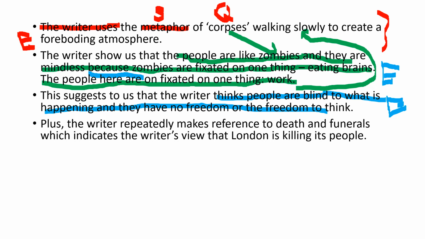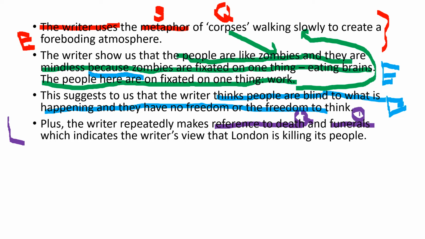Plus, the writer repeatedly makes reference to death and funerals, which indicates the writer's view that London is killing its people. Now, remember what we said about linking? Here, we've got our links. So they've got talking about reference to death and funerals. Now, if I wanted to be a little bit clever, I could have put some more quotes here. I could have put another quote, couldn't I?